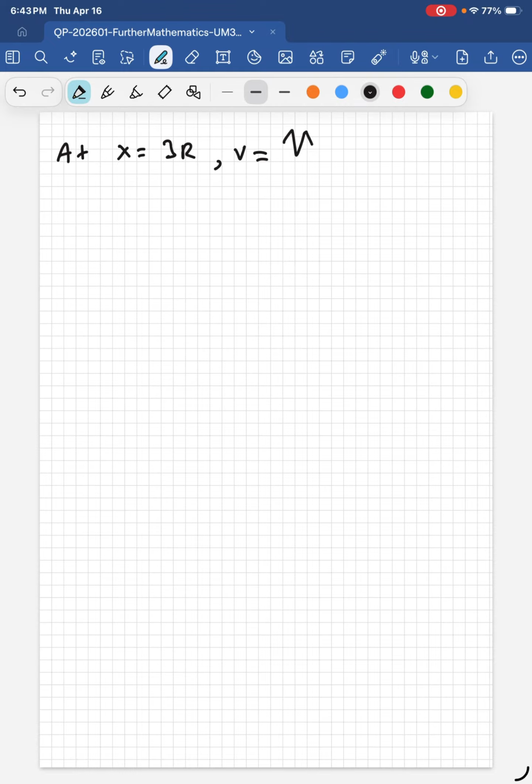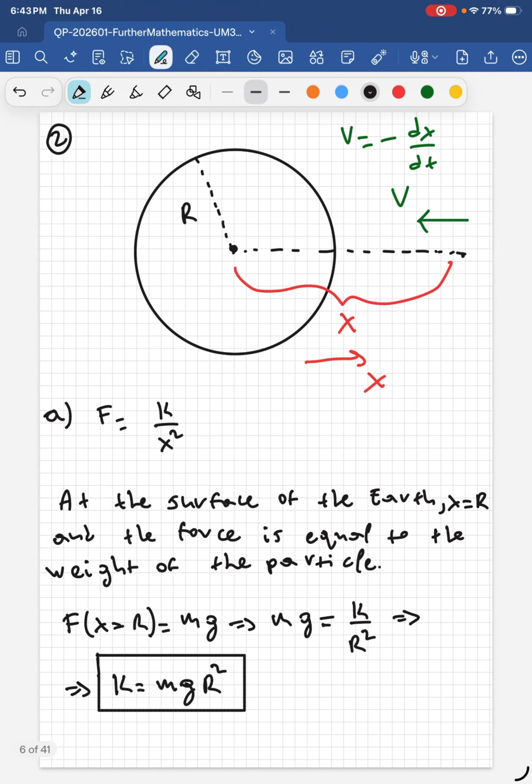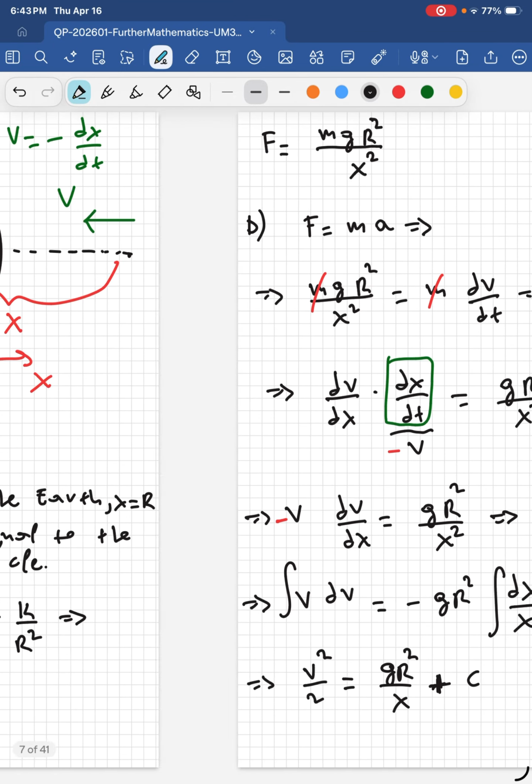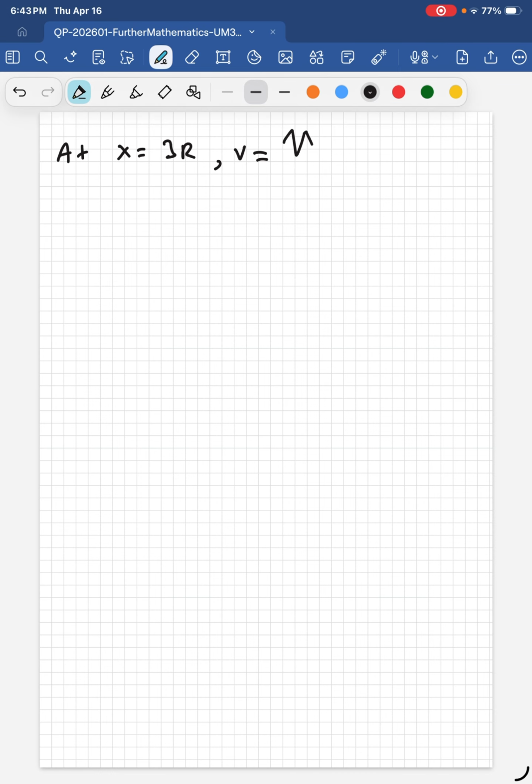So I write it as capital V to distinguish from v, okay? I hope this makes sense. So using that condition in this equation, let's call it equation 1, and this is condition 2.